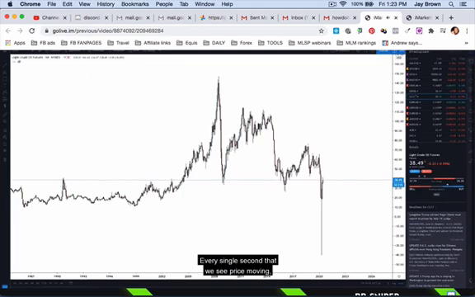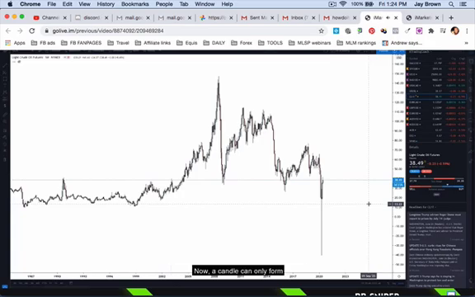Every single second that we see price moving, whether we're looking at a monthly time frame or down in the second time frames, there are buyers and there are sellers in all parts of the world being matched together. And each candle shows us a visual representation of where those trades actually happened.